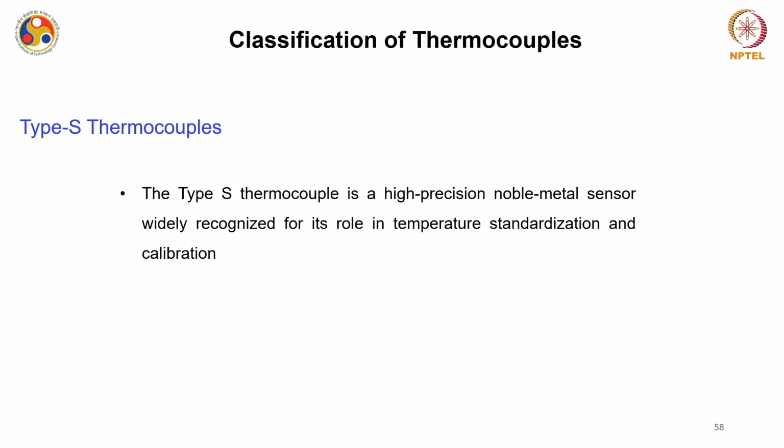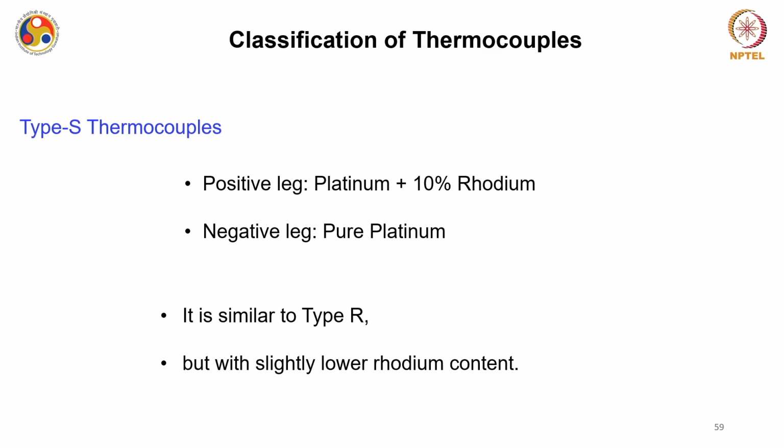Okay. Then the second thermocouple is the type S thermocouple, and it is also very similar to type R, and this is basically preferred for high precision applications where the role of temperature standardization and calibration plays a very important role. So kind of a gold standard you can say. Okay. If you see, the positive leg is having 3% less rhodium, except that there is not much difference.